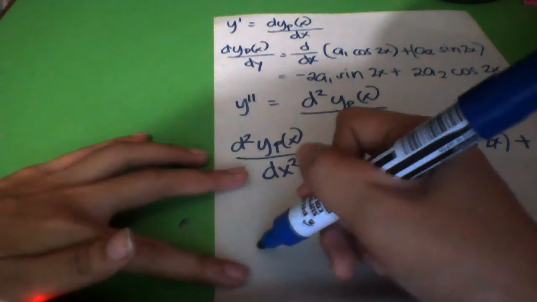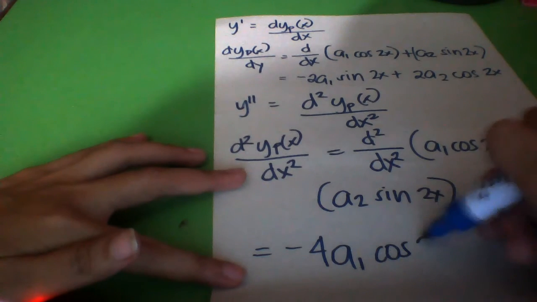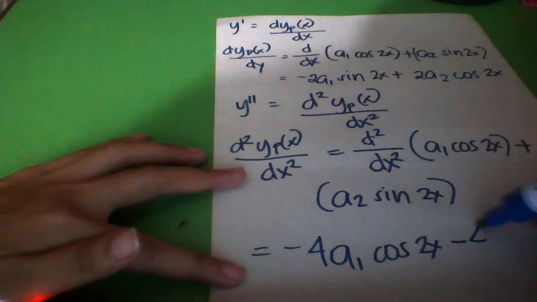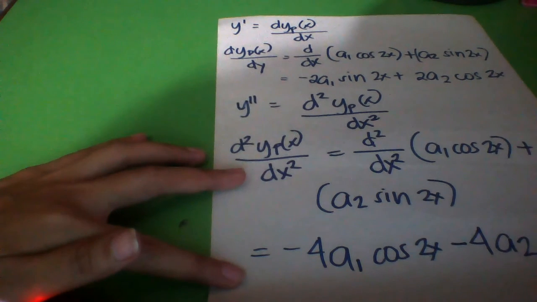So this will become negative 4a1 cosine 2x minus 4a2 sine 2x.